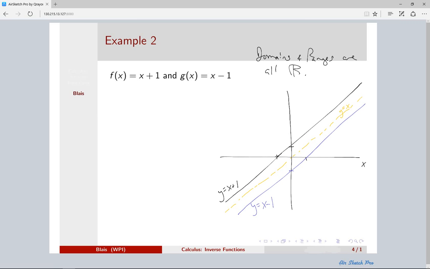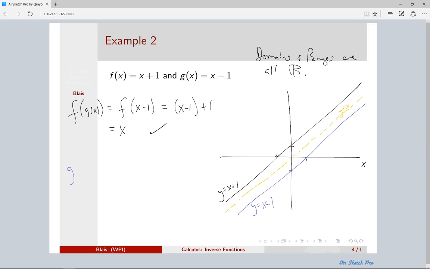And again, we can check. So f of g of x, plug in x minus 1. So replace that g of x with x minus 1. So that means we plug in x minus 1 here. So this is x minus 1 plus 1, or just x, which is what we want.